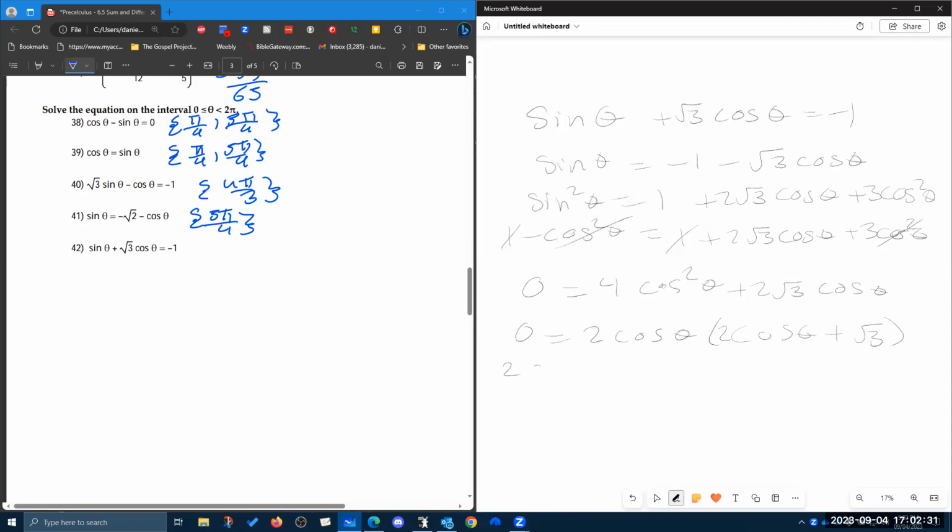So 2 cosine theta equals 0, or 2 cosine theta plus root 3 equals 0. Cosine theta equals 0, or 2 cosine theta equals negative root 3. Cosine theta equals negative root 3 over 2.